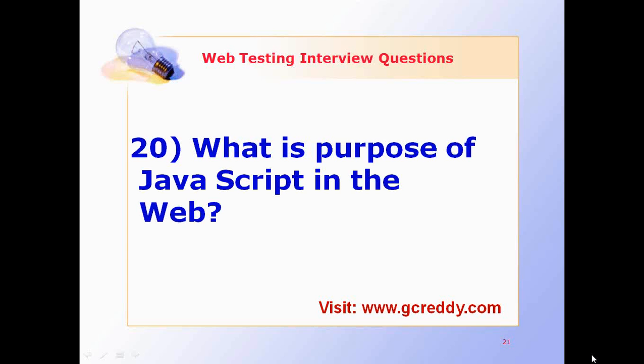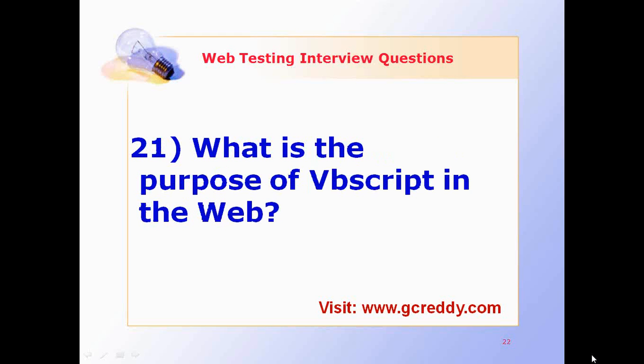Next, what is purpose of JavaScript in the web? It performs client-side validations, field level validations, form level validations, etc. Next, what is the purpose of Vbscript in the web?